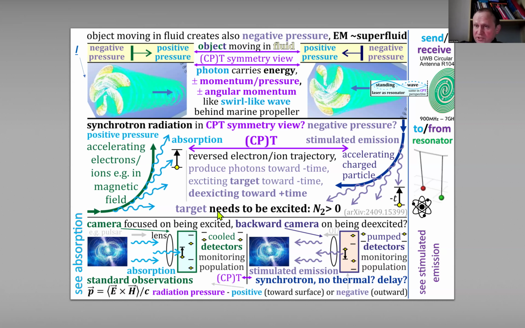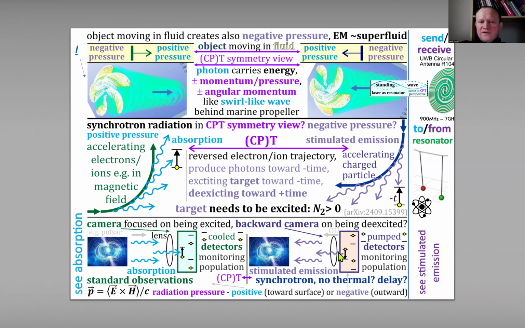But we could try to satisfy it artificially, and maybe this is the first idea how to use it. So as a camera: a standard camera is focused on being excited, on this part that it sends photons and it excites atoms in our detector. So let's think about the CPT analog of this picture.